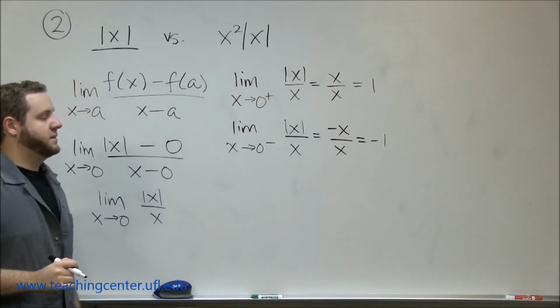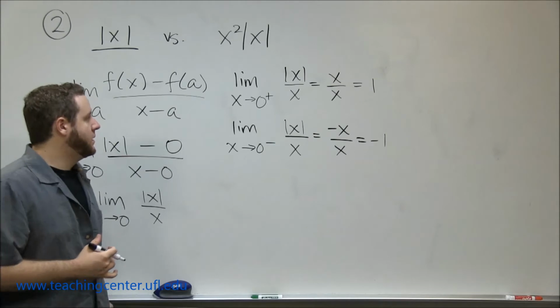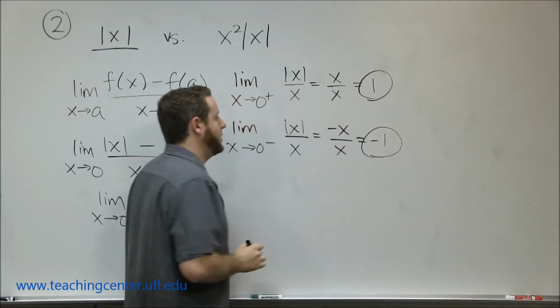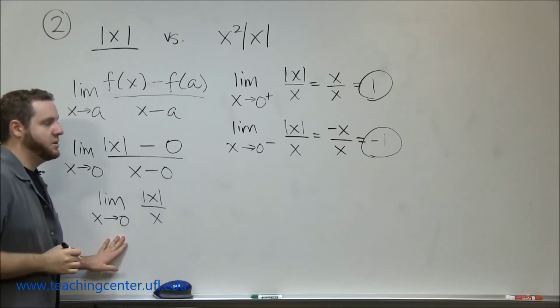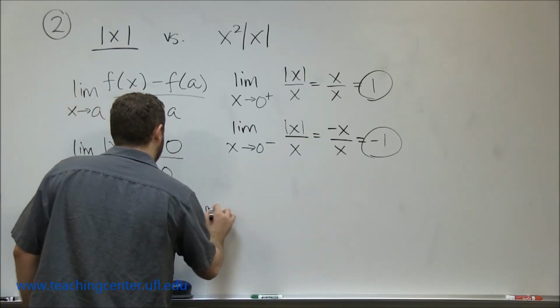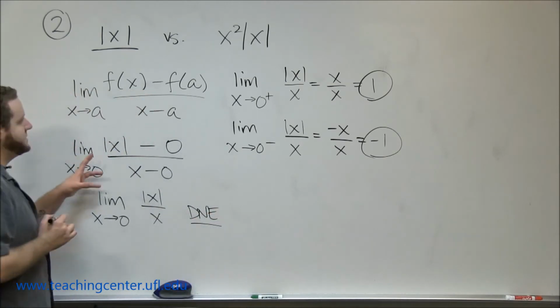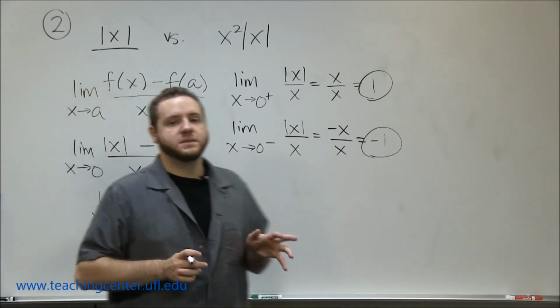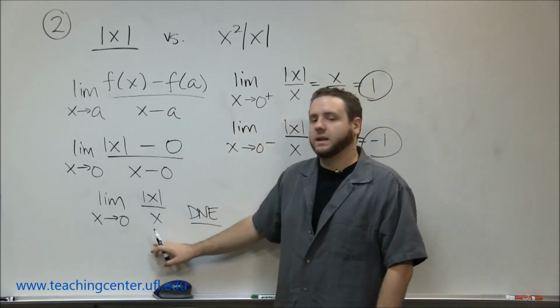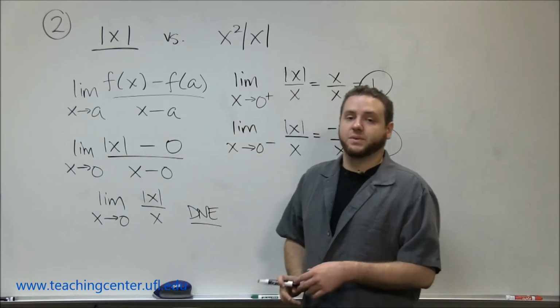Minus x over x gives us negative 1. So the limit from the right was 1, the limit from the left was negative 1, which means the limit as x approaches 0 in general does not exist. This tells you that this function is not differentiable at 0, because when we did our limit definition of the derivative, we got a limit that does not exist. Therefore, it's not differentiable at that point.